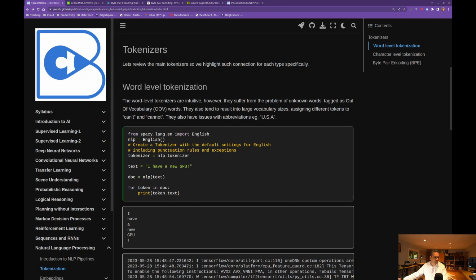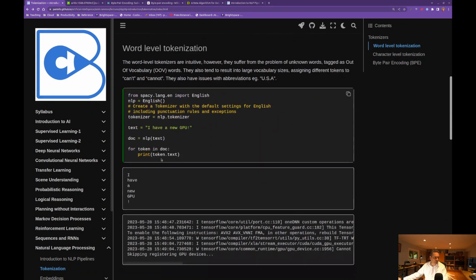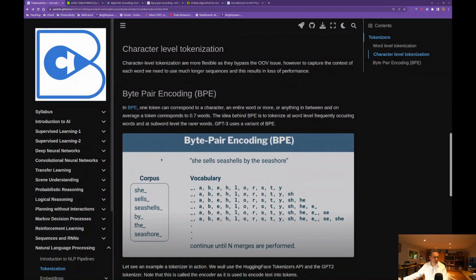If we now step into the space where we discuss subword level tokenization, at the other extreme we have the so-called character level tokenization, where we solve the unknown word problem by encoding all of the words as single characters.